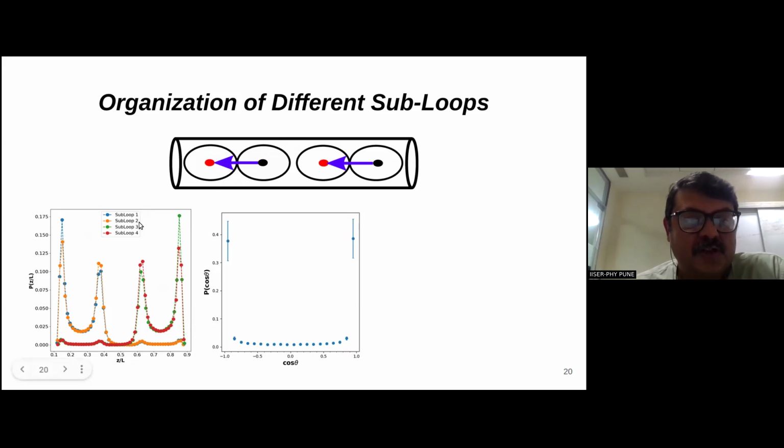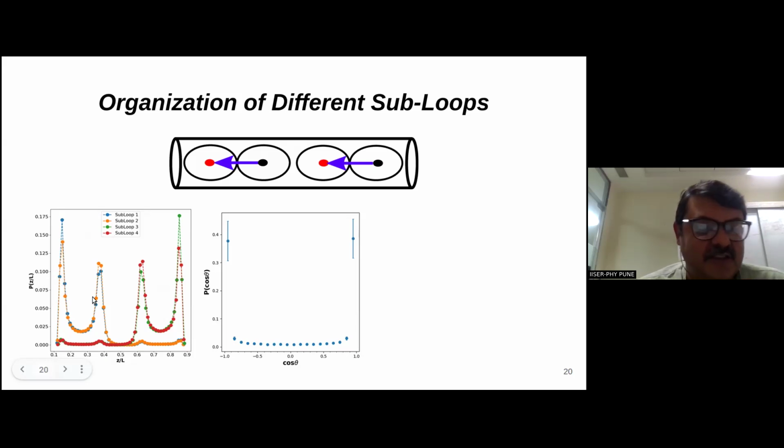This is subloop 1, 2, 3, 4. The monomers of this sit here and the monomers of this sit here. But these two can also flip among each other. Hence, you see overlapping probability distributions of the center of mass. So you see blue and orange, subloops 1 and 2 can interchange position.